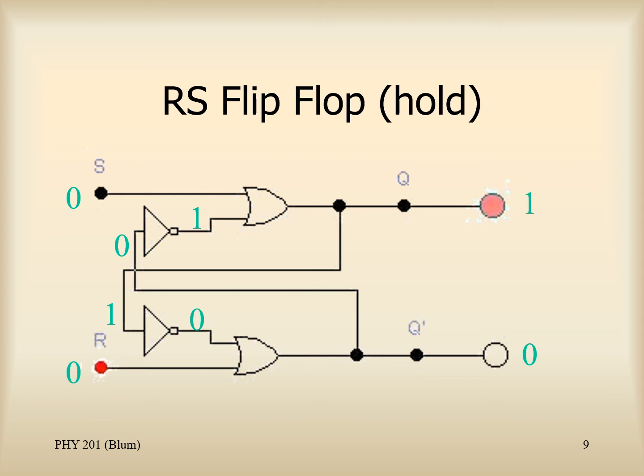That 1 coming from the Q gets inverted, fed back to the lower OR gate, but it gets inverted first, so it becomes a 0, and the R of 0 and this now inverted 0, 0 OR 0 gives 0. So just labeling all the states and realizing that all these numbers are happy to stay where they are, holding.